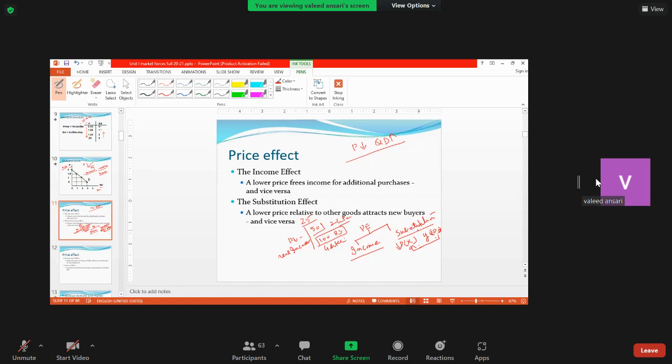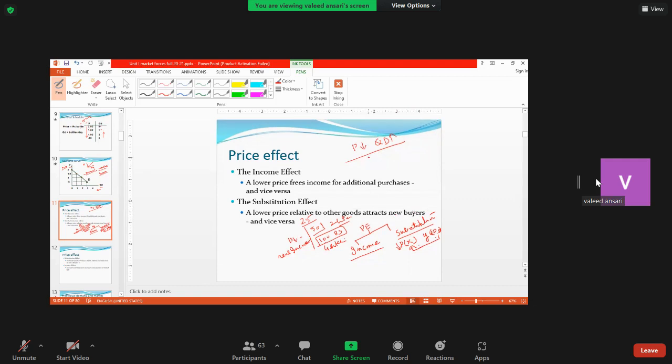So when the price of any product decreases, more quantity is demanded, propelled by two effects. One is that the real income of the consumer has increased, so they will consume more, not exactly on a pro rata basis, but more may be consumed. Similarly, some consumers will switch from other products to the product whose price has declined. And that is why price and quantity demanded are inversely related.